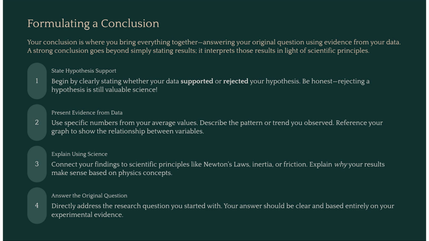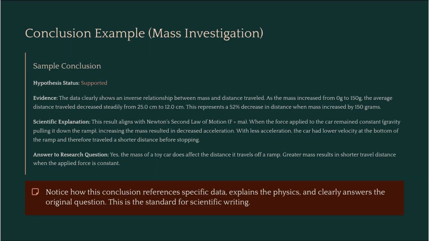It must answer the original question and state whether your initial hypothesis was supported or rejected. Crucially, the conclusion isn't complete until you provide specific evidence, your average data values, to back up your claim. For the car and mass experiment, a strong conclusion would be, my hypothesis was supported.